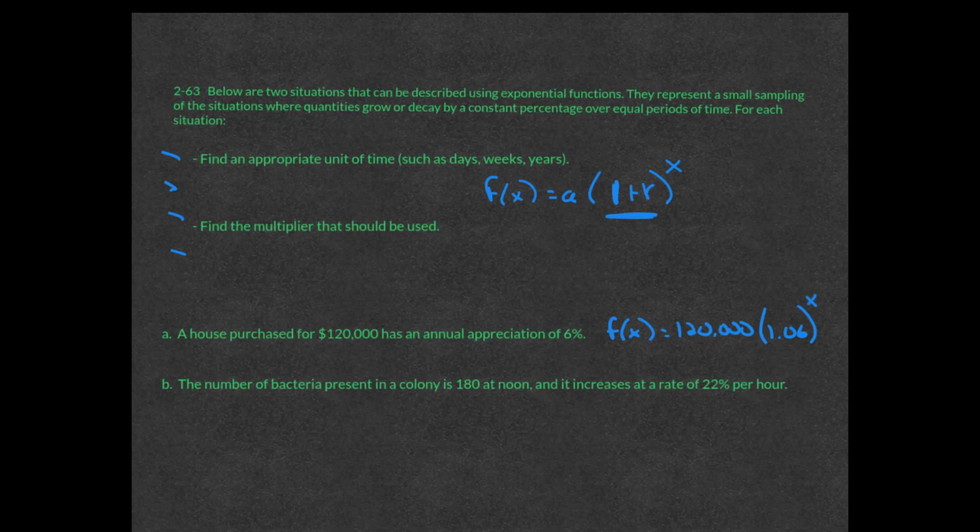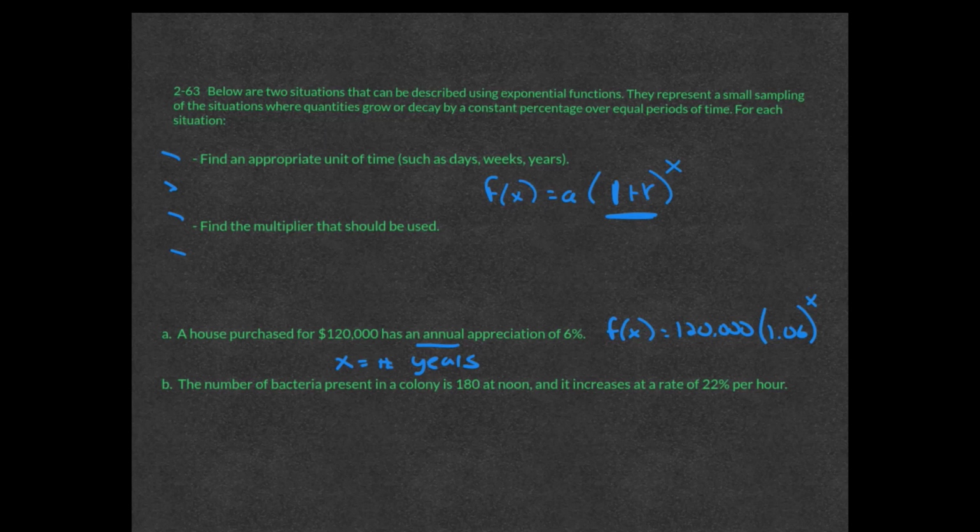That's the equation. And the appropriate unit of time for this one is years. So that's what the x will represent. X equals number of years, okay? And that is the appropriate unit of time for that particular situation because it does say annual, okay? That takes care of part A.